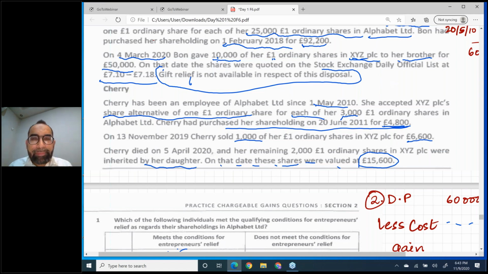At the time of death, forget about CGT, and the market value of these 2,000 shares at the date of Cherry's death is 15,600, and exactly this 15,600 is the base cost of shares for the daughter.